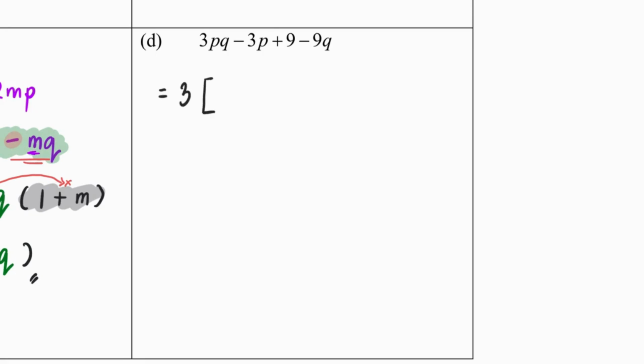And from here, I have my pq minus 3 minus p plus 3 minus 3q. And again, from here, I'm going to do some rearrangement, because I see if I were to stick to this current group, my q is the first term, pq minus p.